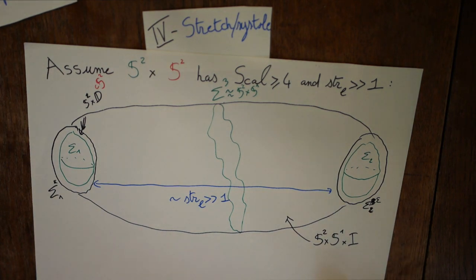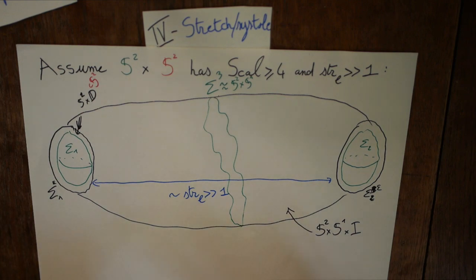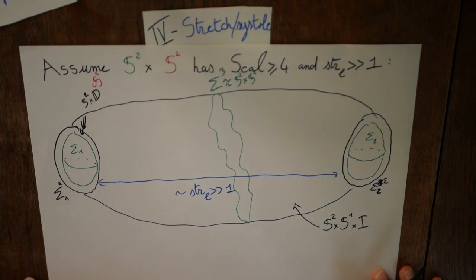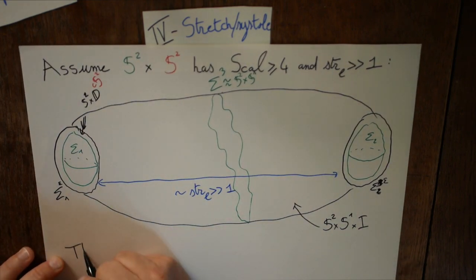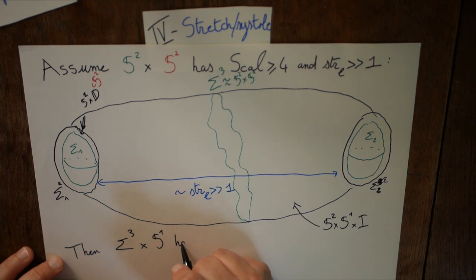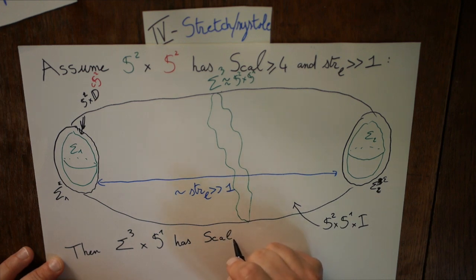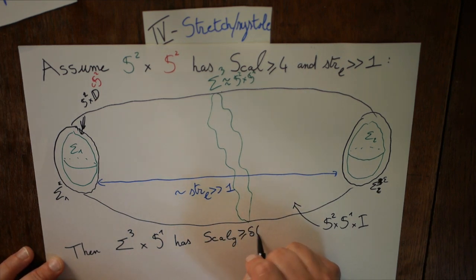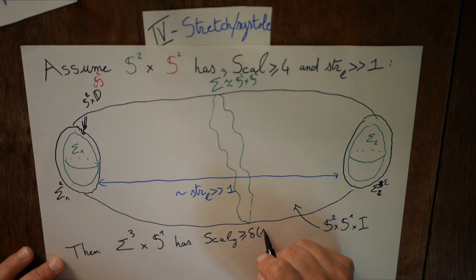And by the last theorem of Gromov that we said, sigma 3 times S1 will have, for some warped product, symmetric metric, scalar curvature greater than some delta which depends on the stretch.